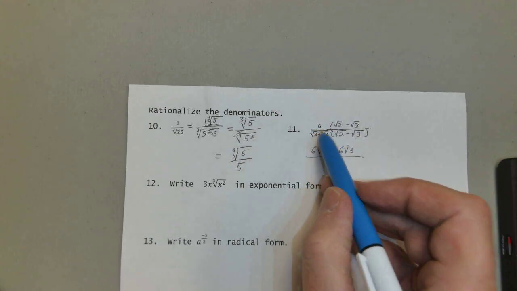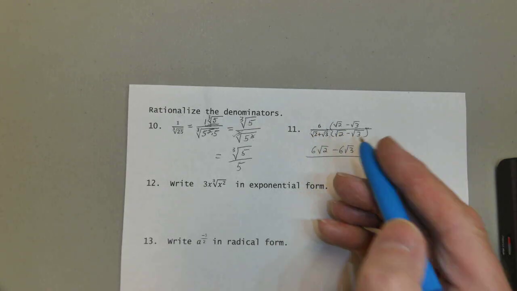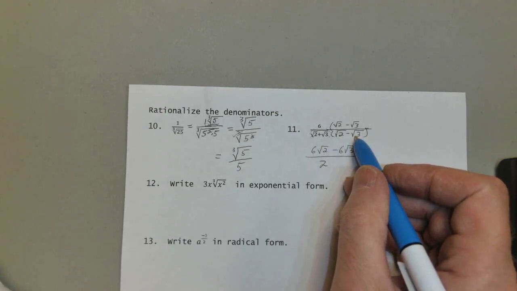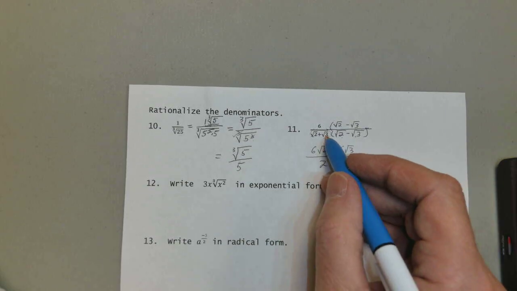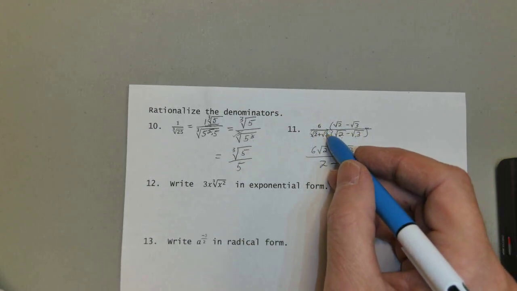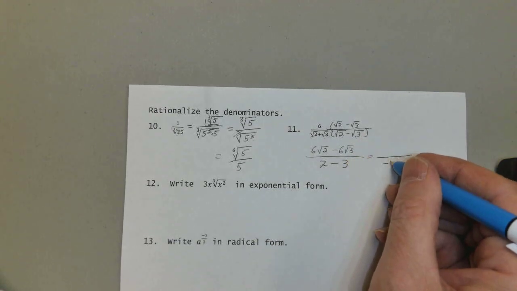On the bottom, it's the square root of 2 times the square root of 2, which is 2. The outside is the negative square root of 6. The inside is positive square root of 6. Those cancel out. And then the last, minus square root of 3 times square root of 3 is 3. So this is over negative 1.